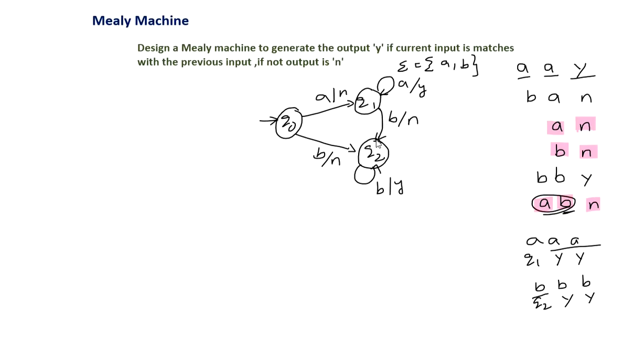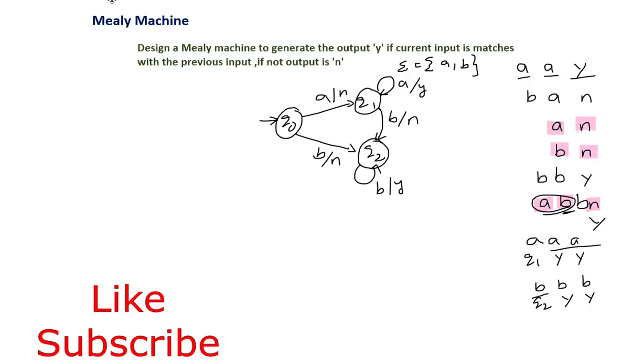Why we are connecting to Q2 is, after B, if one more B is seen here, it will become Y. So we are connecting to Q2. Now we will see one more case. If B is seen, it is in the state Q2, and on Q2 if A is seen, it is not matched with the previous input symbol, so output is N. So we need to connect to Q1.